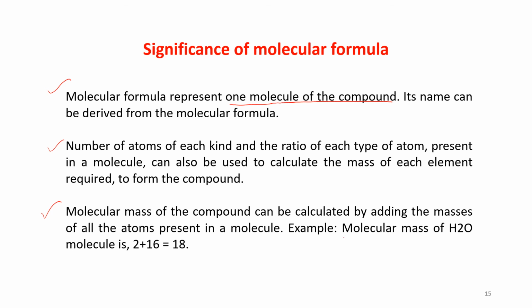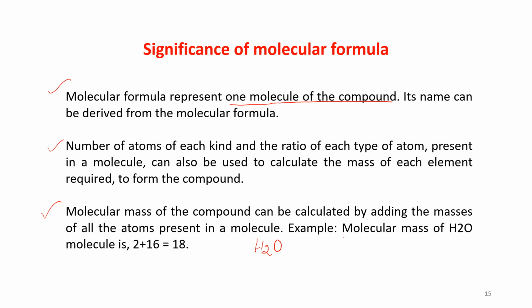Suppose you want to find out the molecular mass of H2O. H2O means it is one molecule of water. One molecule of water contains 2 atoms of hydrogen and 1 atom of oxygen. So, how to find out the molecular mass of one molecule of H2O?